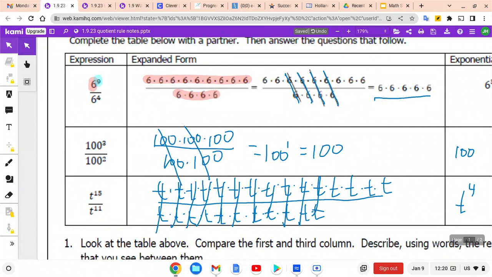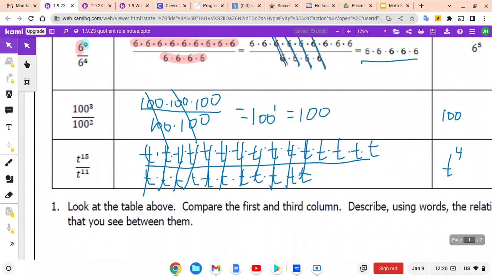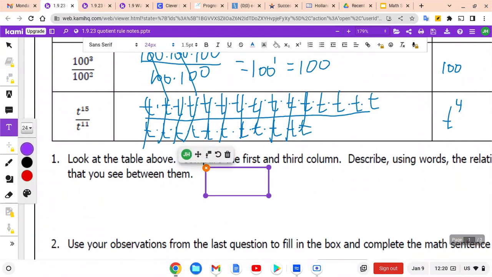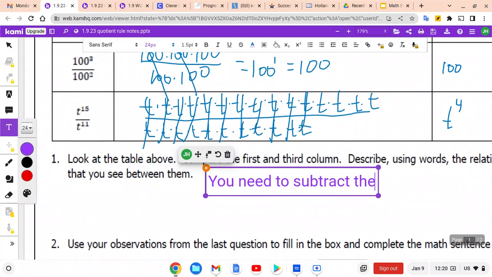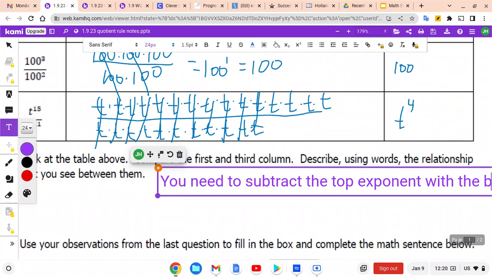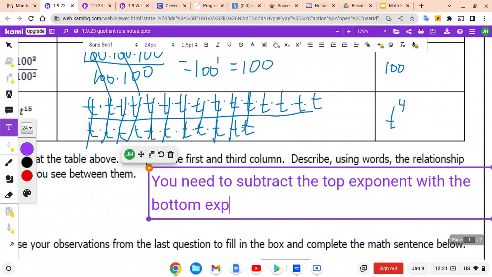So at this point, we're asked to find, is there some sort of pattern? So the pattern is that you need to subtract the top exponent with the bottom exponent if the bases are the same.